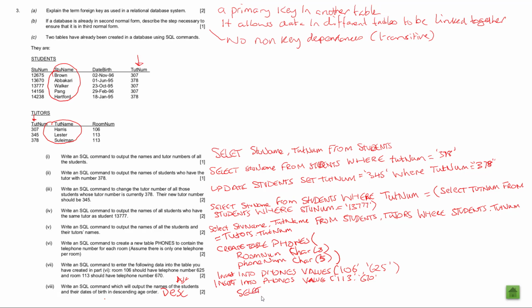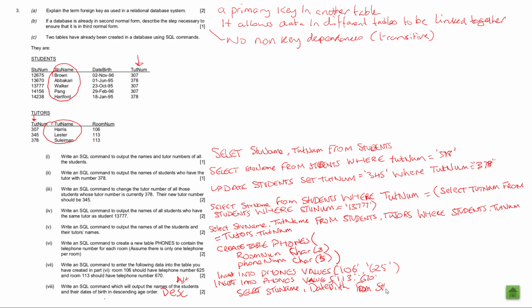Select, spell it right, select the student name of that person. Select their date birth. Why is it date of birth? Date birth. How strange. Select date birth from the table students.